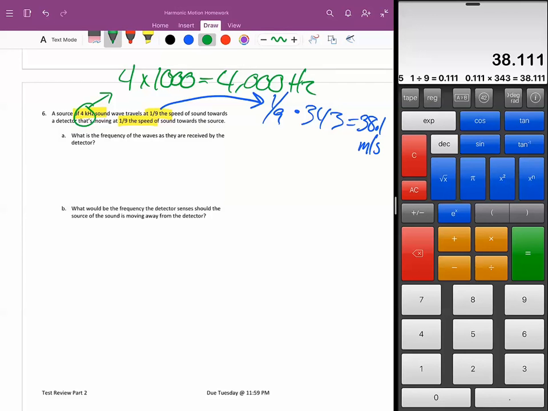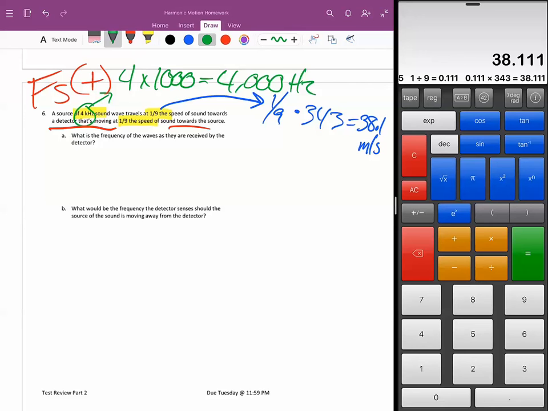The question is phrased so that the detector is moving towards the source. So you have static Doppler. Considering you're moving towards the source, it will be a positive. Now, 6A is asking for the frequency received by the detector.